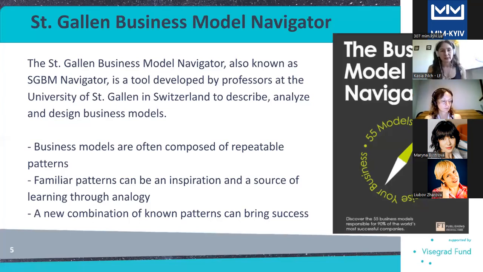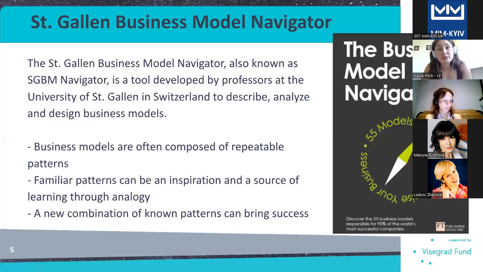on the existing ones. There is a book that the creators of the Saint Gallen Business Model Navigator wrote. It's called The Business Model Navigator. And I have a link for you later on, also for free access. What is cool about this book is that they describe the 55 business models that already exist.